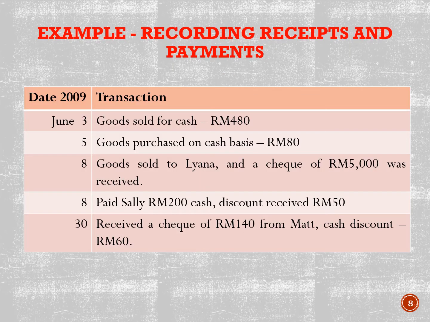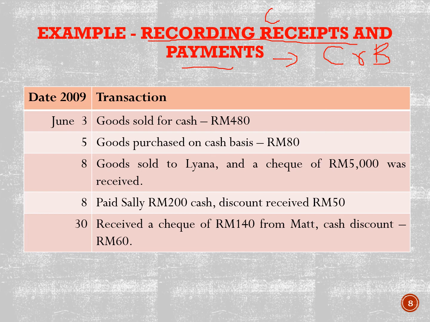Okay, next example is more on showing you how to record the receipt and payment, cash receipt and payment. Okay, kalau ada yang macam ni, you have to remember untuk catatan dalam cash book, kita akan record cash dengan bank. Contoh, you have to classify mana cash receipt, mana cash payment.